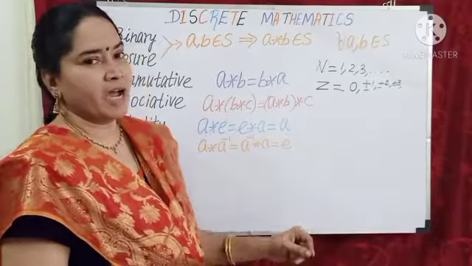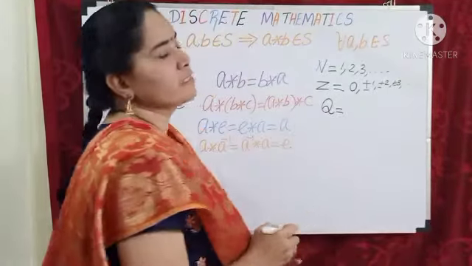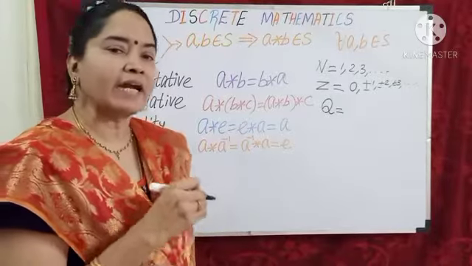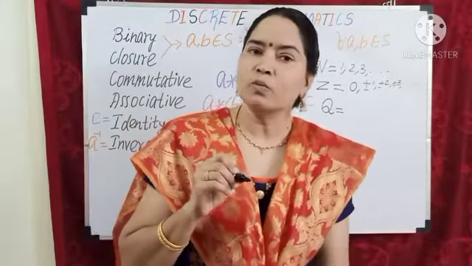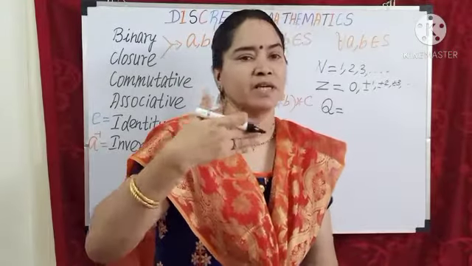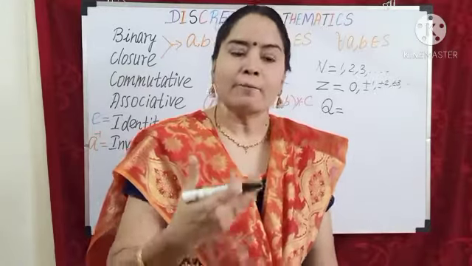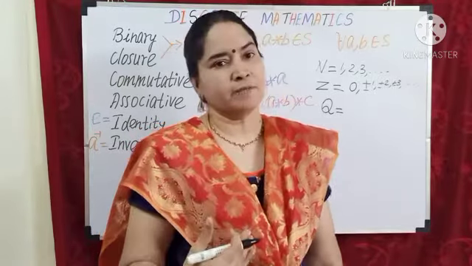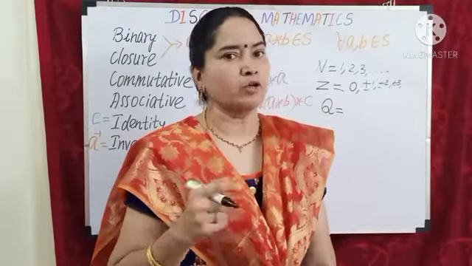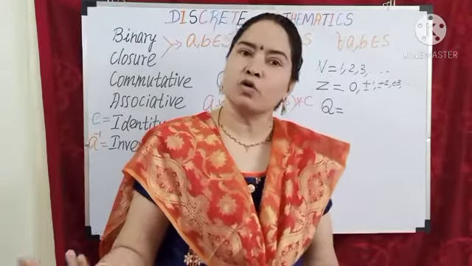The next one, Q. What is Q? We call this the set of rationals. What do you mean by the word rational? Something in the numerator and something in the denominator. 1 by 2, 3 by 4, plus root 16. 16, I know the square root, so it comes in Q. There are numbers for which I don't know the square root.